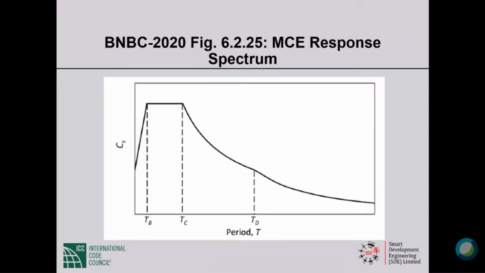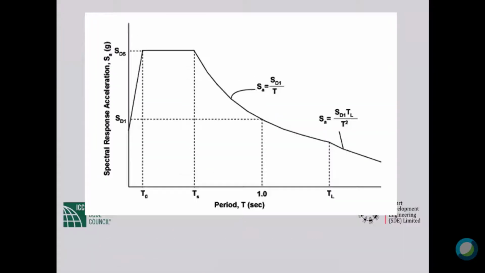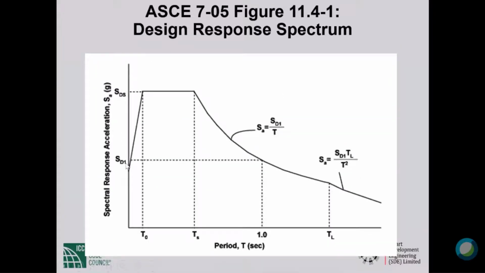The spectrum that is printed in BNBC, okay, I should have said one more thing. This ramp building up to the flat top is not a branch of the design spectrum. The branches are the flat top, which for those of you in structural dynamics is the constant acceleration part of the spectrum. This is the constant velocity part of the spectrum. This is the constant displacement part of the spectrum.